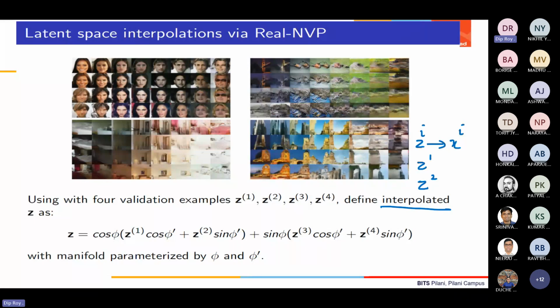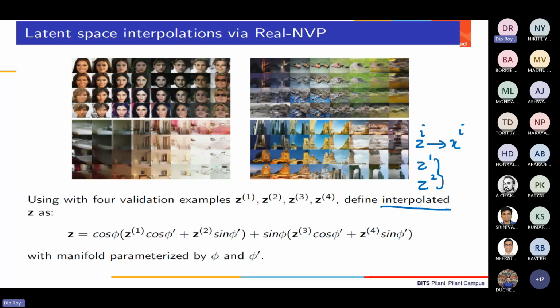Now, if your model that is giving your probability distribution or your latent space is good enough, and you sample any z from in between z1 and z2, and this is just a hypothetical thing I'm telling you, and you convert it to the corresponding x, it should look and feel something between z1 and z2, right?